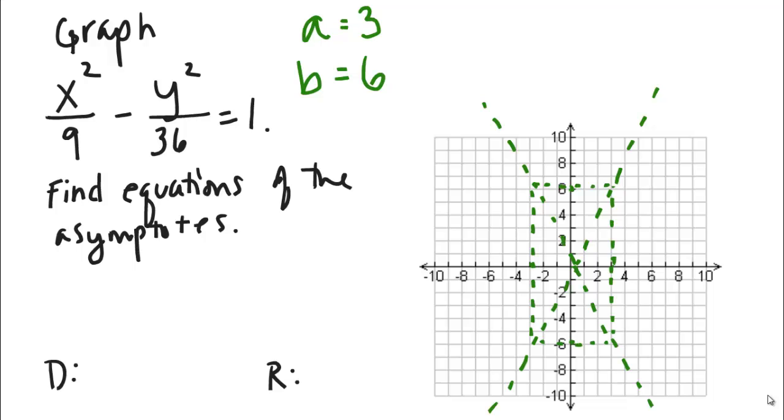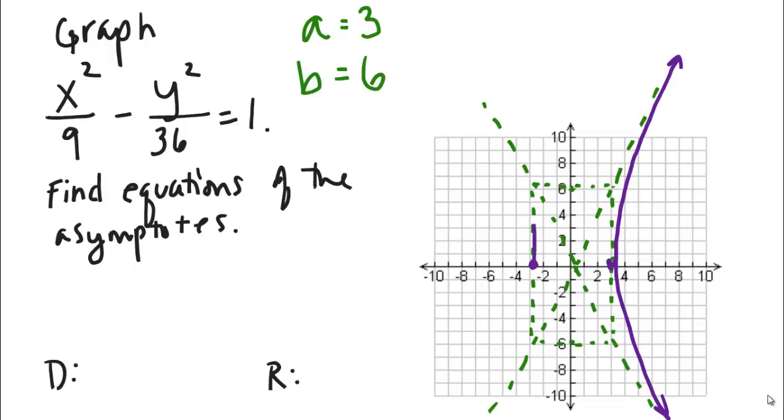The x's come first, so there are x-intercepts here. The intercepts lie on the sides of the central rectangle. So those 2 purple points are the x-intercepts. All I have to do now is make my hyperbola by drawing in the branches.